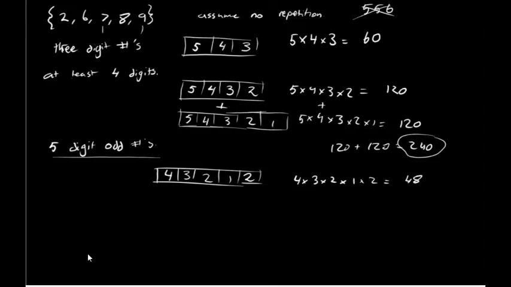And the last one: a 5-digit number is chosen at random. We want to find the probability it will be an odd number.